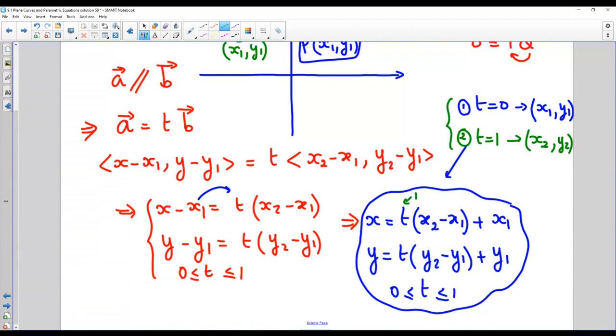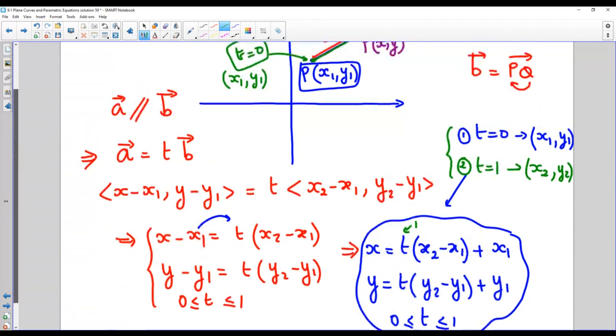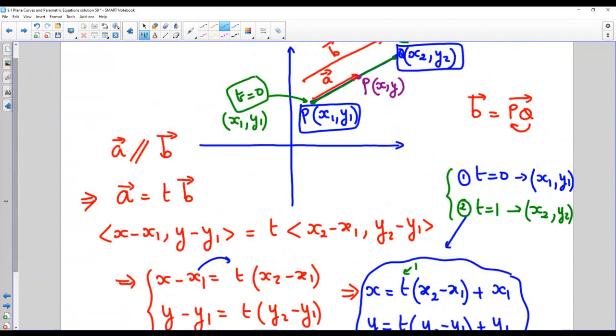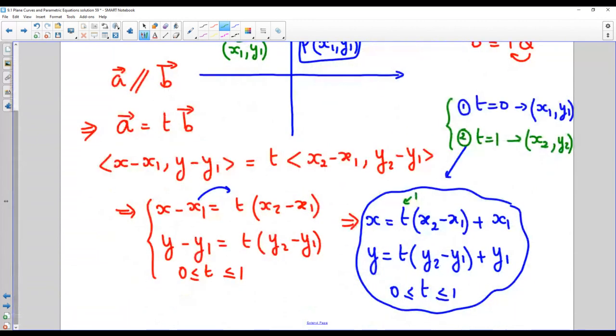Any other t you substitute in the equation will give you a point on the line segment like this. So t equal half will give you a point, t equal 1/4 will give you another point, and so on. This is the way you parameterize.